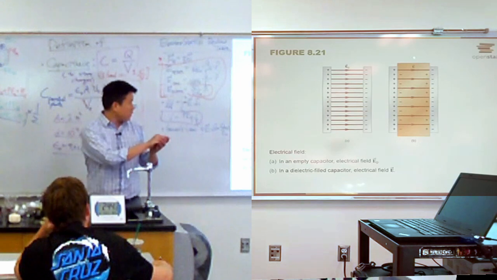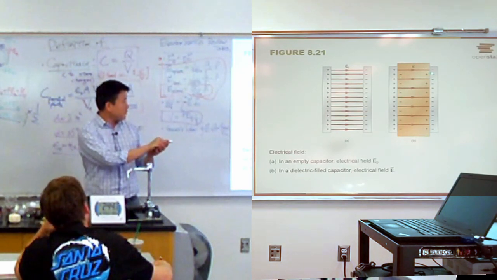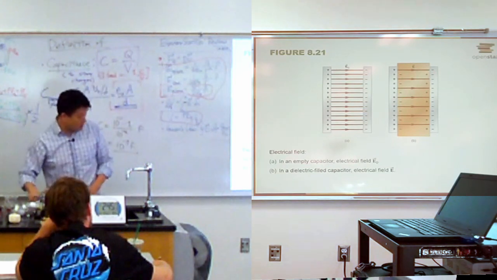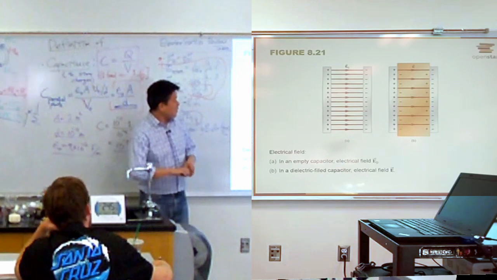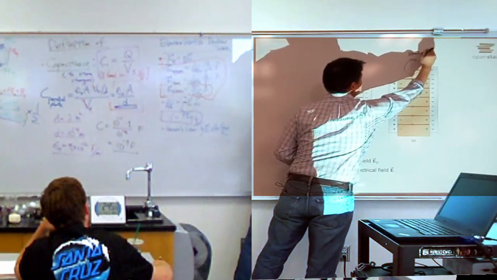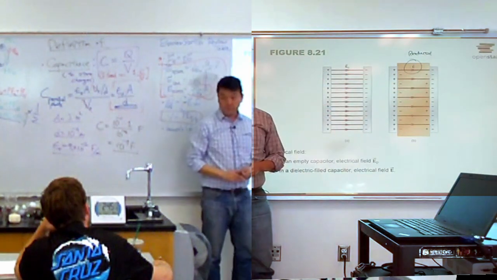The dielectric polarizes. Some part becomes negatively charged, some part becomes positively charged. And what it has done, that you can see in this drawing here, is that the electric field has been reduced. You have less electric field between the two plates now.